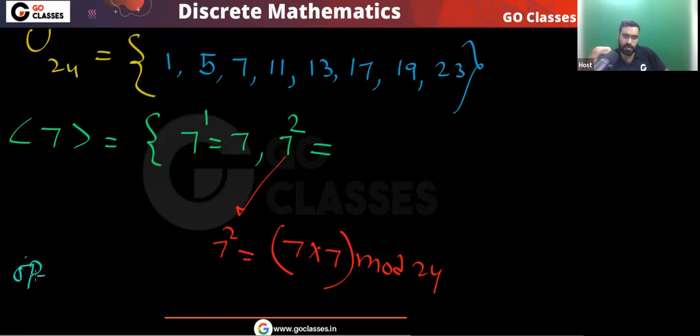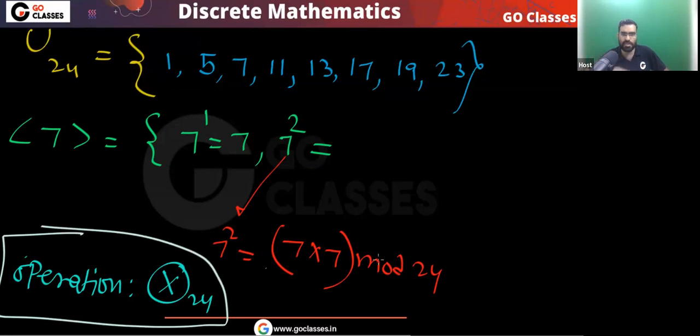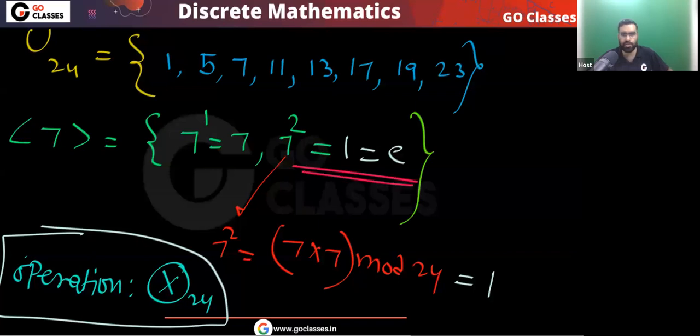So again that is going to be 1, the identity element. Can I stop? Yes, you got the identity element, so you can stop. So 7 can generate only 2 elements, that is 1, 7. So 7 is also not a generator.